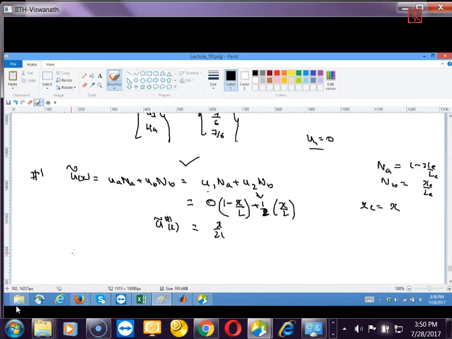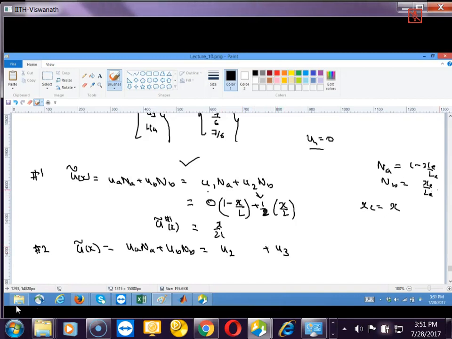Now for element 2, u tilde of x is equal to U_A N_A plus U_B N_B, where A is node 2 and B is node 3.